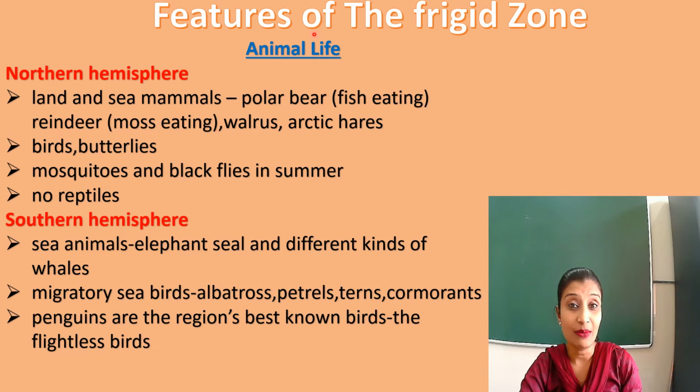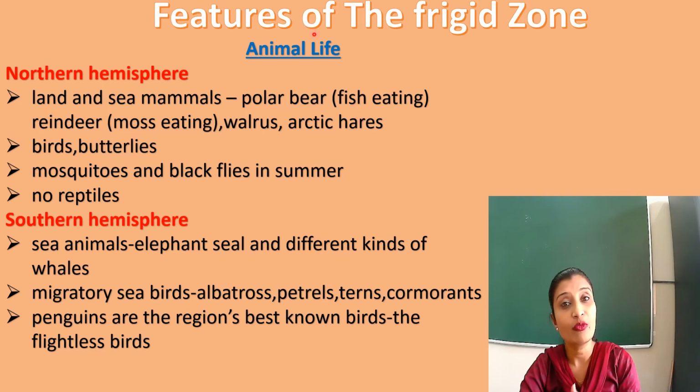Now in the southern hemisphere, you will see animals like the elephant seal and different kinds of whales. Then migratory seabirds. Migratory means birds who move from one place to the other due to the change in season. You will find birds like albatross, petrels, terns, cormorants.